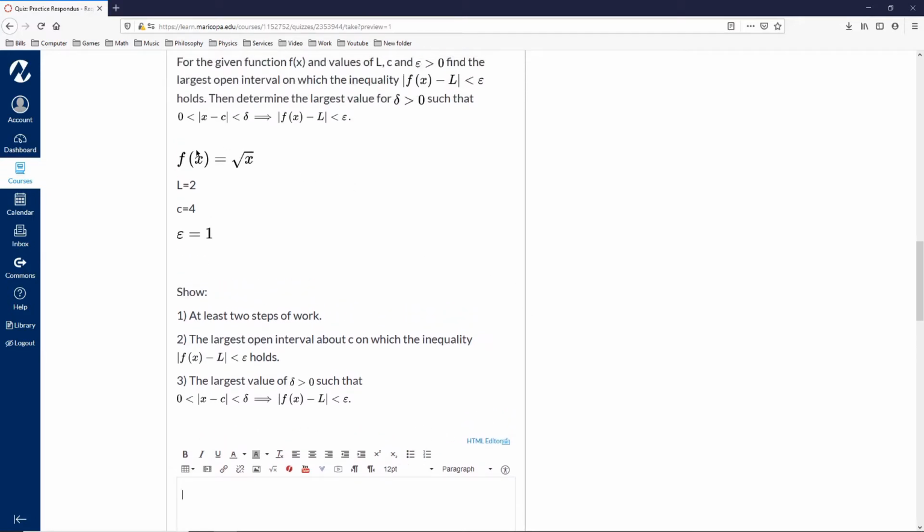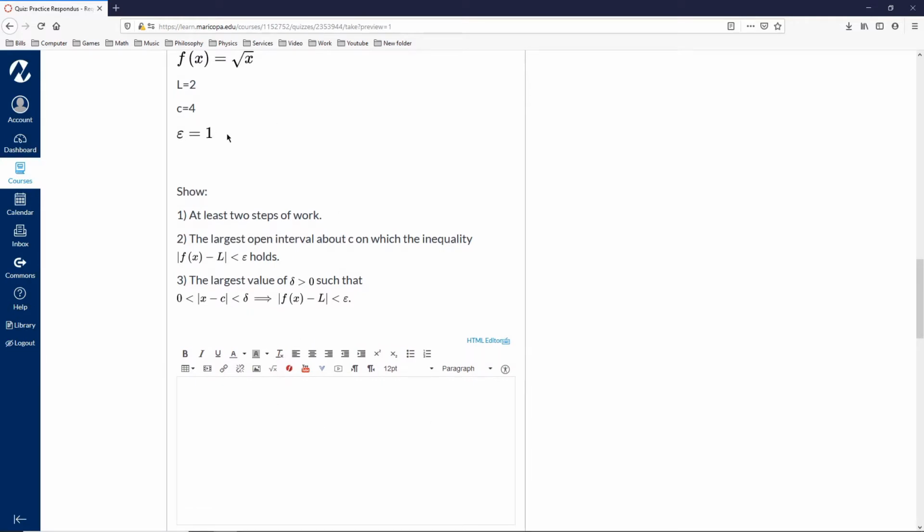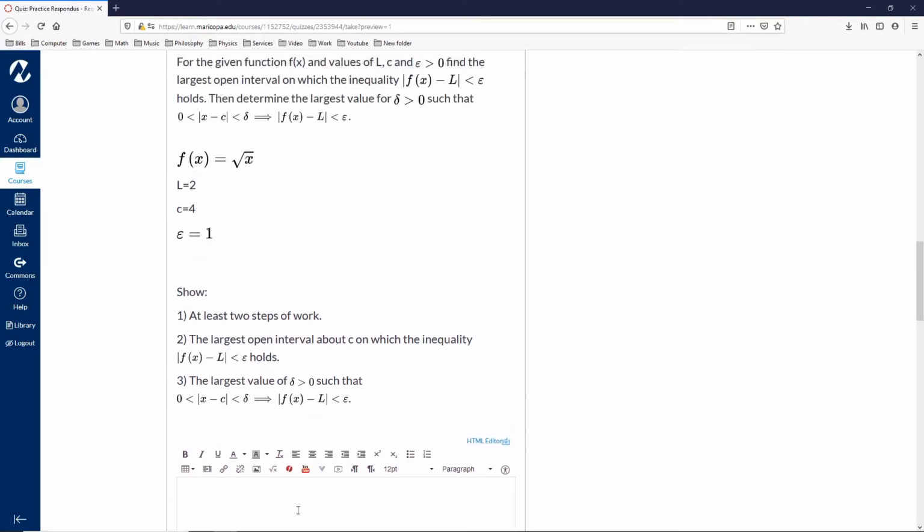So the first thing we want to do here is plug the function into the centered interval on the output. So we'll just stick the square root of x in there, and the limit is 2. And I'm saying epsilon here is 1. These will all be brain friendly. You won't need a calculator for any of this.